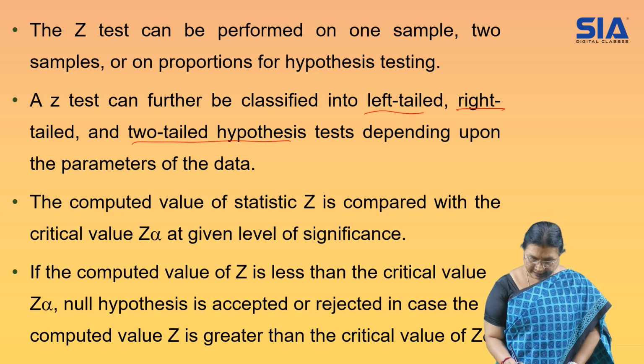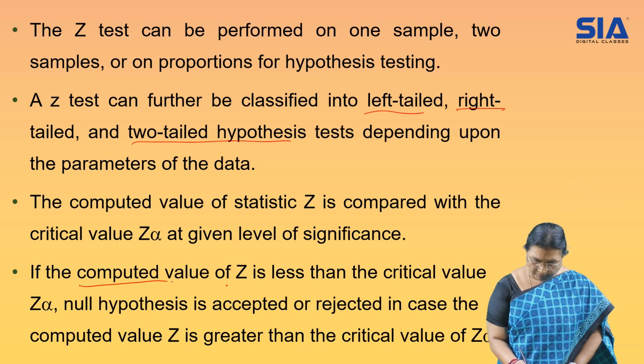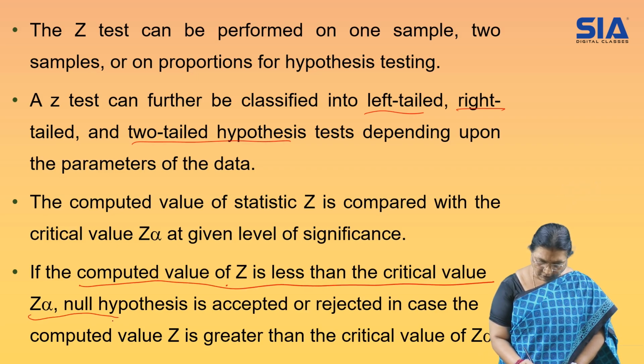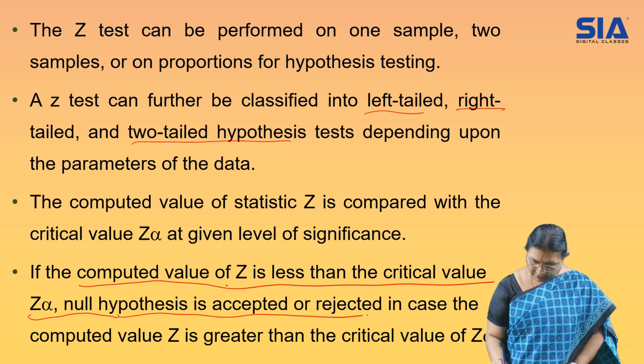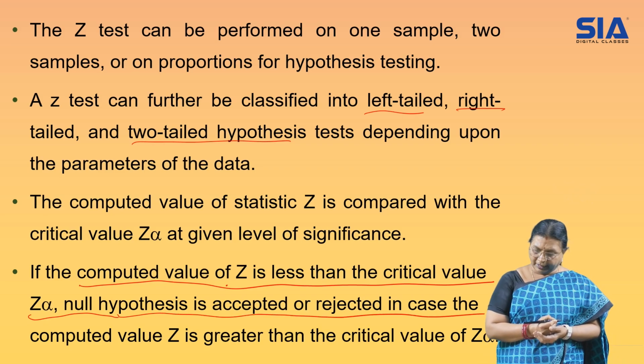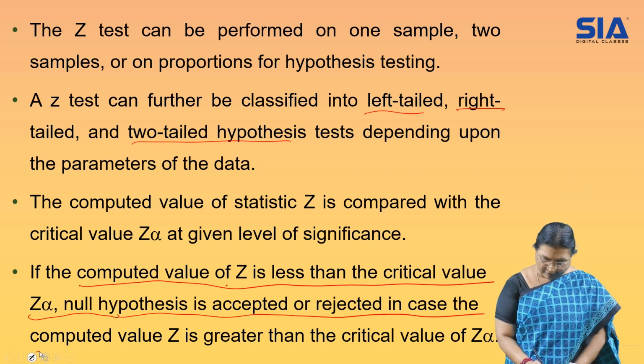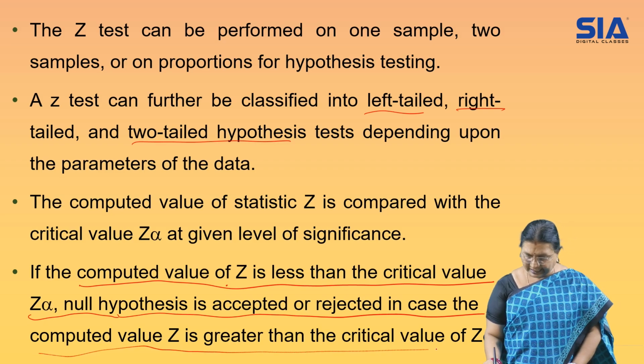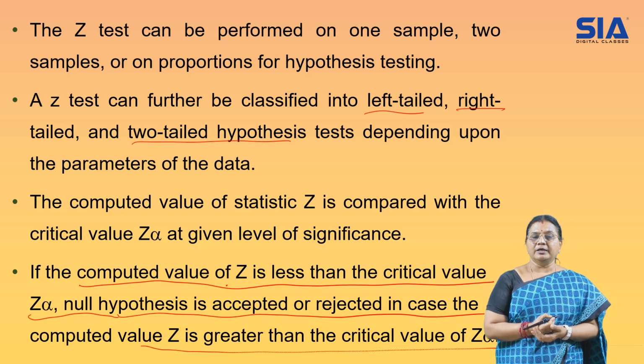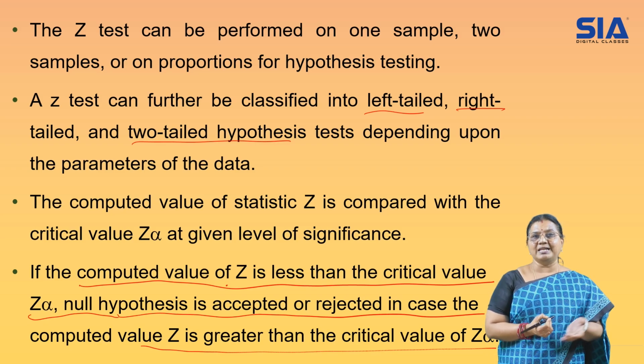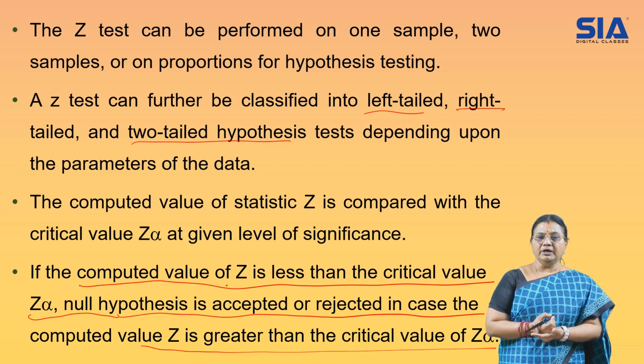The null hypothesis is rejected if the computed value of Z is greater than the critical value. So if the calculated value is less than the table value, it is accepted, and if it is greater than the table value, it is rejected.